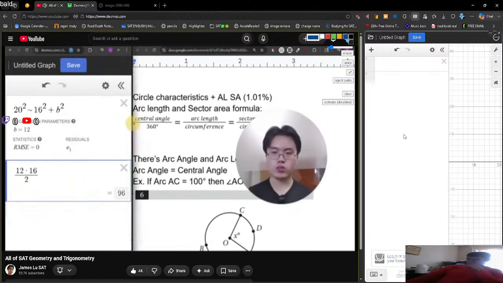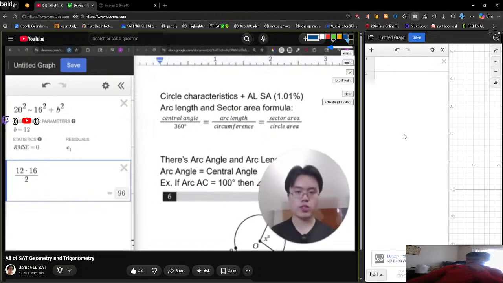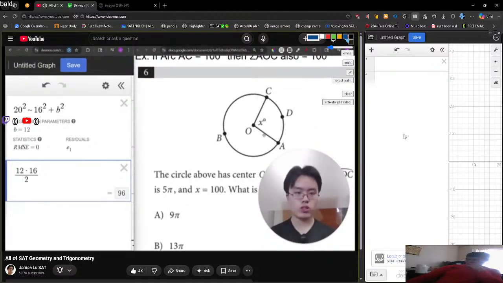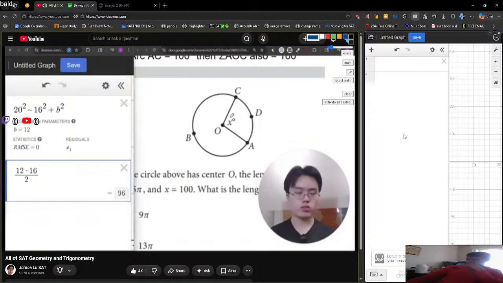It's actually pretty simple if you just know this formula, which is basically the central angle of a circle. That's the middle angle, right? The central angle is just the angle at the center. Pretty self-explanatory.